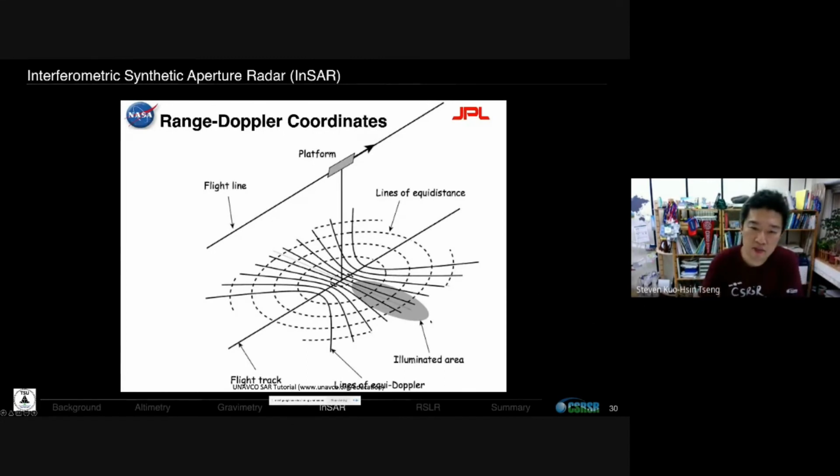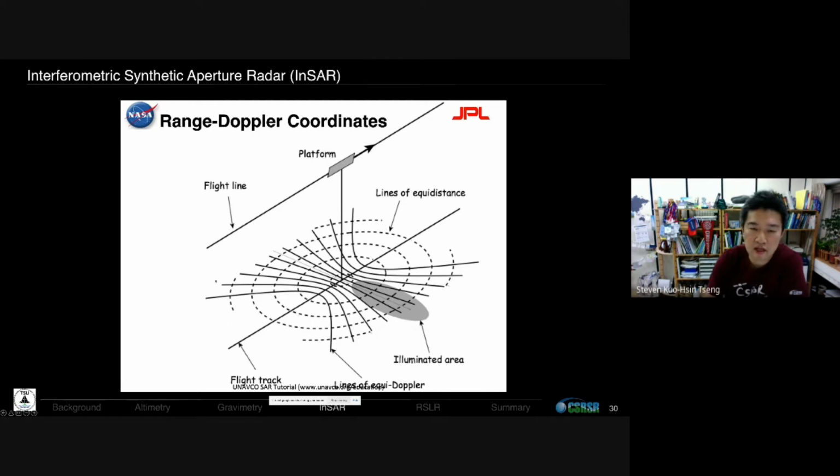And by using the Doppler delay, the frequency, when you get a return signal higher than the emitted signal, then we can say it comes from the front area. Then if the frequency becomes lower, then it's the back area. So we can separate that into these different equi-Doppler lines. Equi-Doppler means that for a certain line or zone, they have the same Doppler shift of the signal.